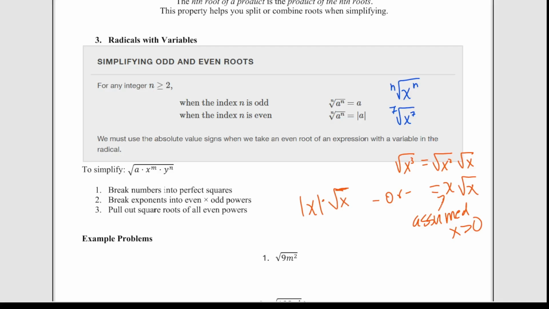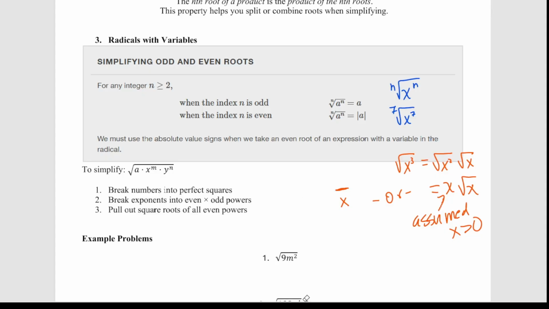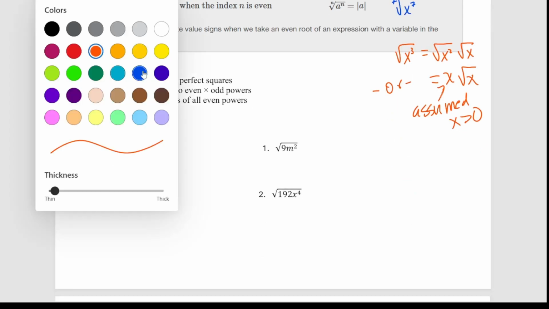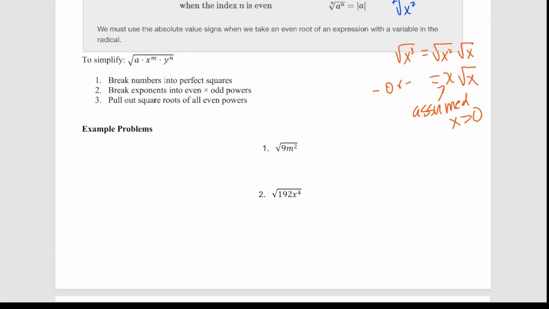Really what you're going to usually assume is that your variables are positive. And I'm going to go ahead and write that as well for these ones. So assume all variables are positive.